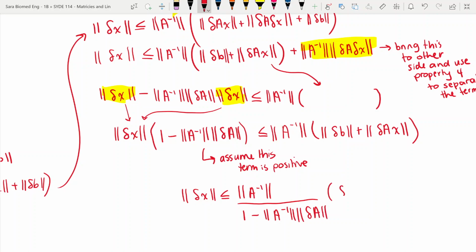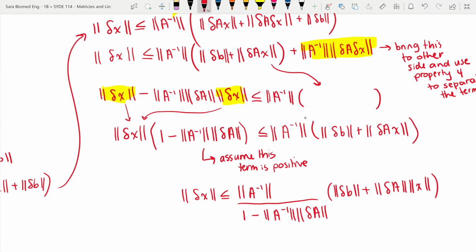Basically I just divide both sides by this term, and it goes here, right? Now if we look at this new inequality, it's very similar to that one, right? We have A inverse there, we don't have the norm of A. So 1 minus something here. We have delta B in there, and delta A. It's different, but very close.